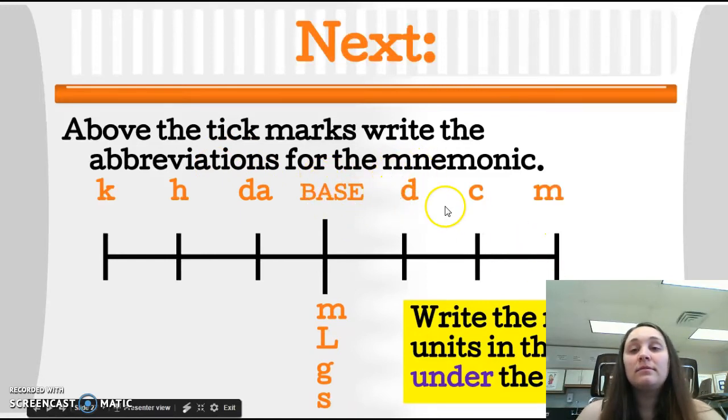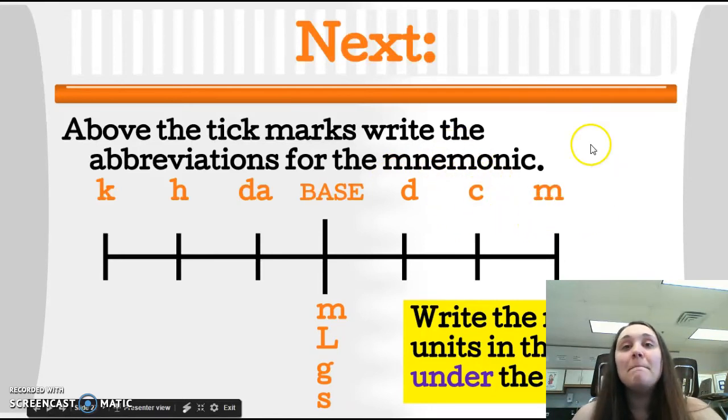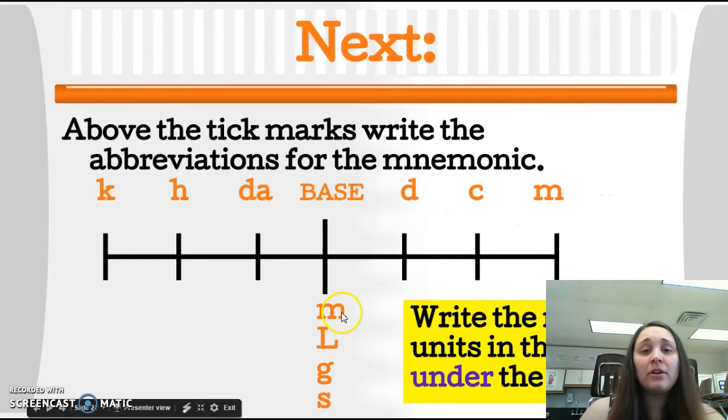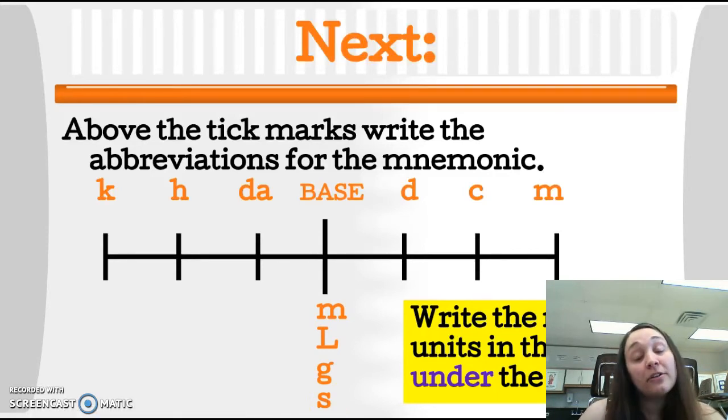Deci, like decade, centi, like century, and milli. And down here we have meter, liter, gram, and seconds. These are our metric system units. These are our base units. So they're always going to be like the second letter, and if there's one letter, that means it is the base unit.